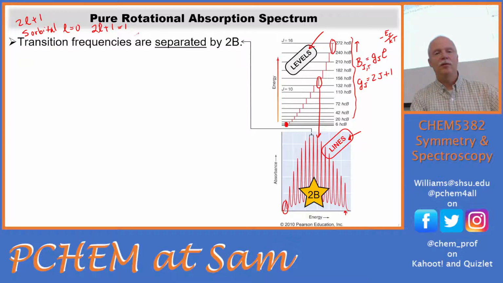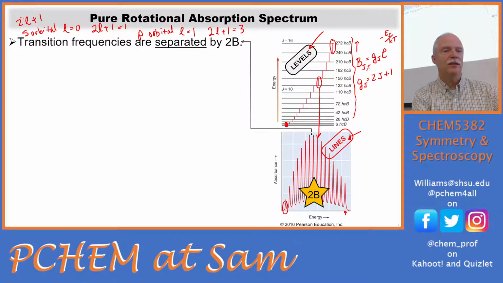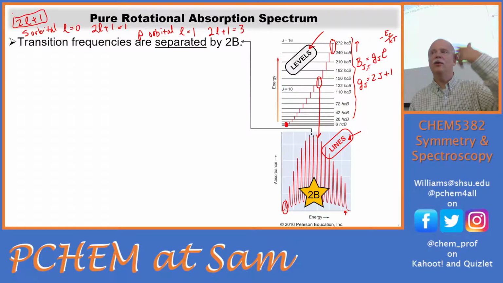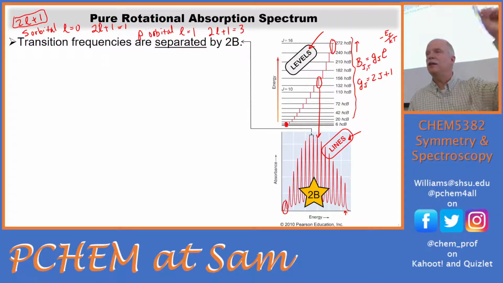But then the p orbital, L equals 1, 2L plus 1 is equal to 3. Okay, so this right here is our degeneracy for our rotating systems. In our rotating electrons rotating around the nucleus, 2L plus 1 degeneracy.